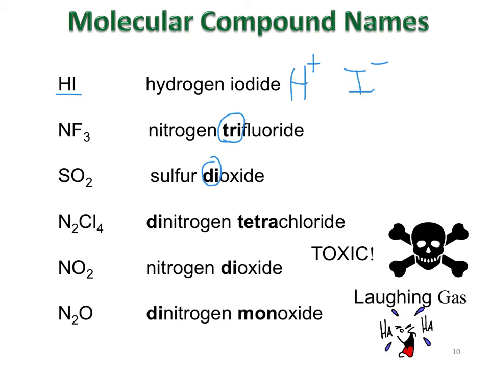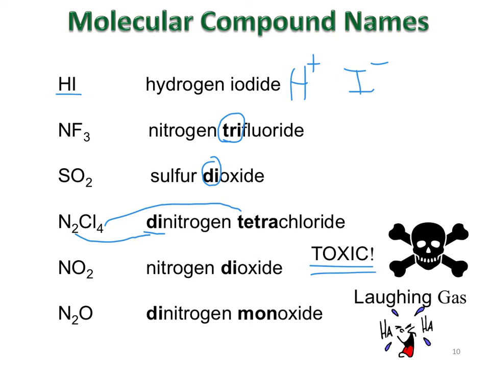Next is N2Cl4, so di for the 2, dinitrogen, tetra for the 4, tetrachloride. Next is nitrogen dioxide. Looks just like sulfur dioxide, except we have a nitrogen in it. Just as a side note, don't breathe this. It is toxic.